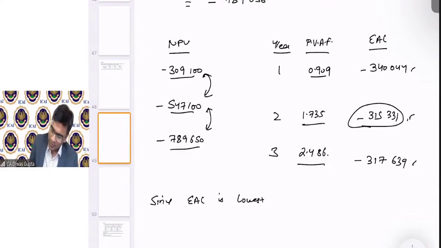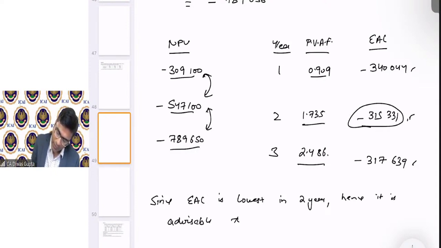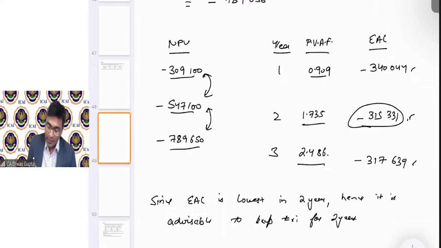Since EAC is lowest in 2 years, hence it is advisable to keep the taxi for 2 years. Although students, if you see, the highest negative was coming in 3 years, which is minus 789,650.